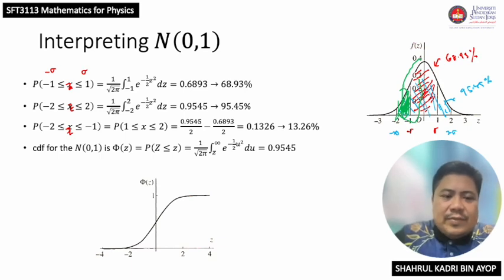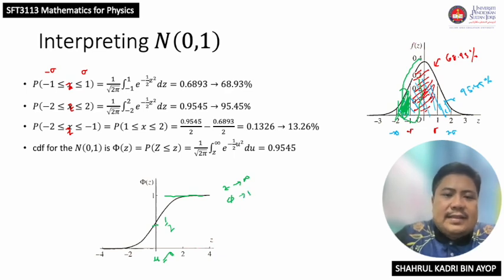So it is the cumulative of the probability for the standardized normal distribution. So we can see that at mu equal to 0, it is half, right? So this is approaching, as z goes to infinity, the cumulative approaches 1.